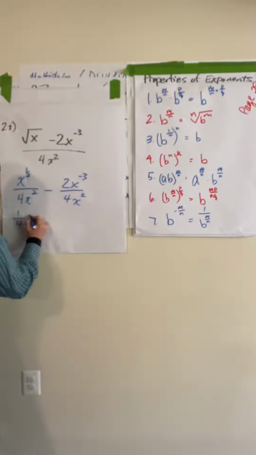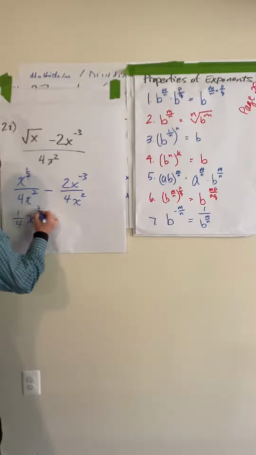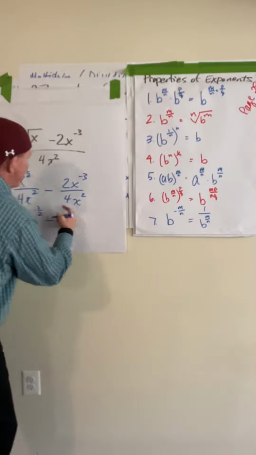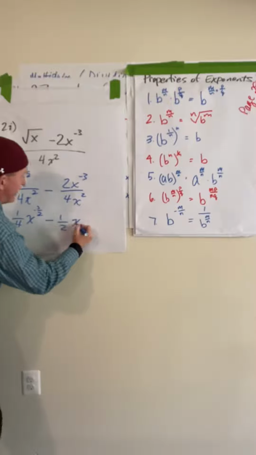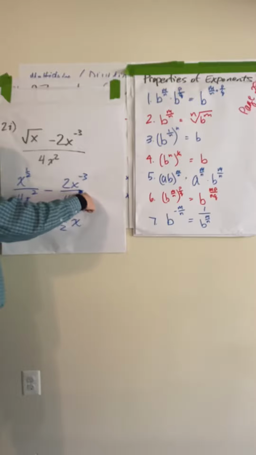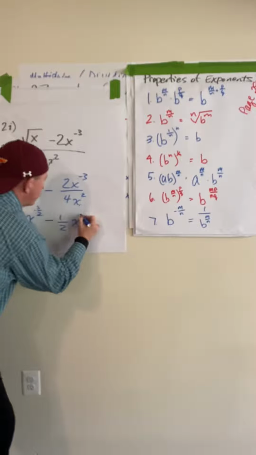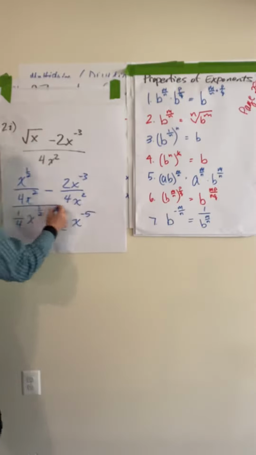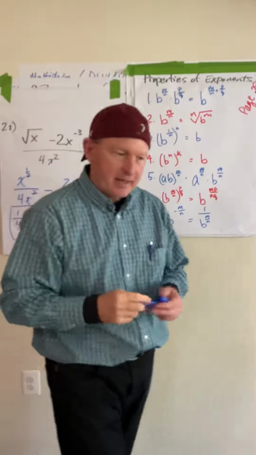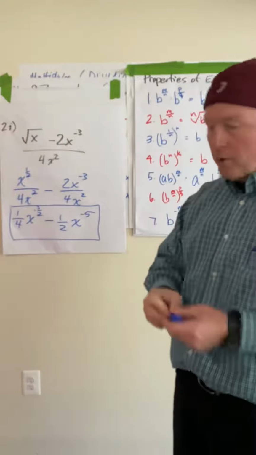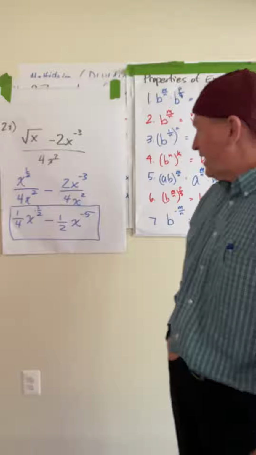So this is going to be 1/4 x to the negative 3 halves minus, okay, this 2/4, that reduces to 1/2. X to the negative 3 minus 2. Negative 3 minus 2, that's negative 5. And that, my friends, is the answer right there. 1/4 x to the negative 3 halves minus 1/2 x to the negative 5th.